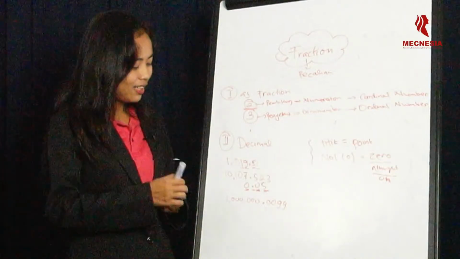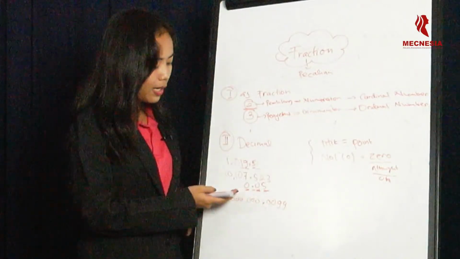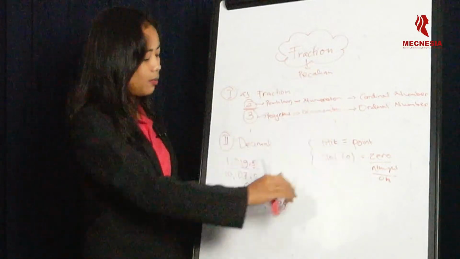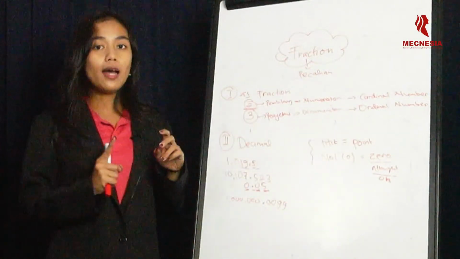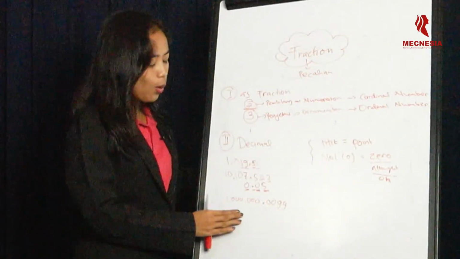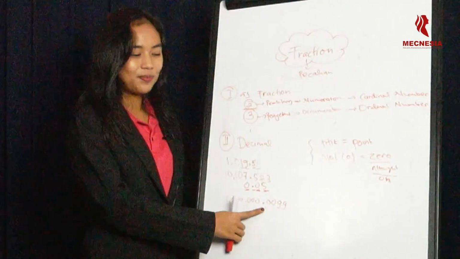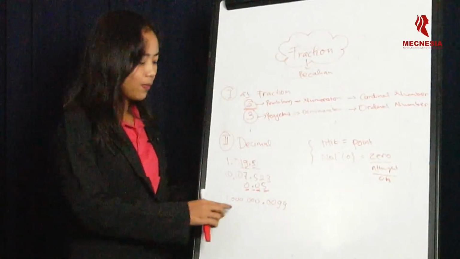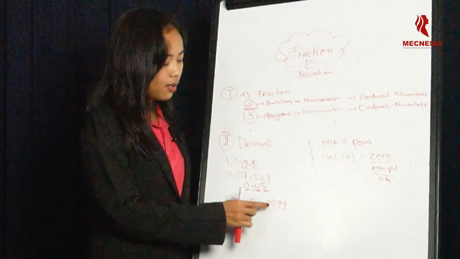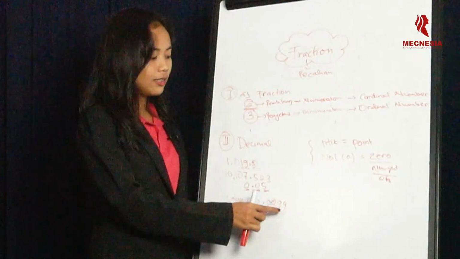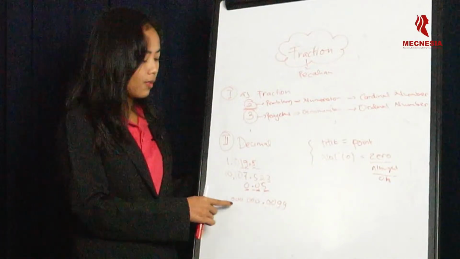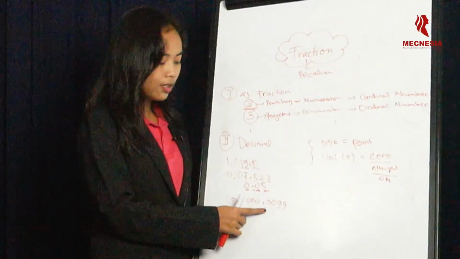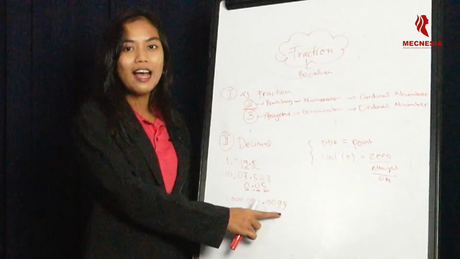So, remember, the number in front we read as a cardinal number: 1 juta, 1 million. 1 million point, and the rest we read one by one. 1 million point 0099.